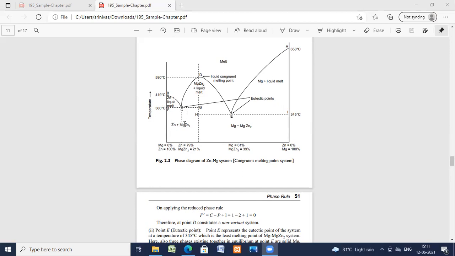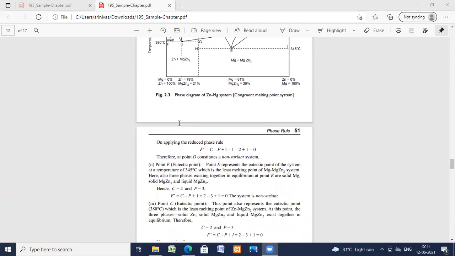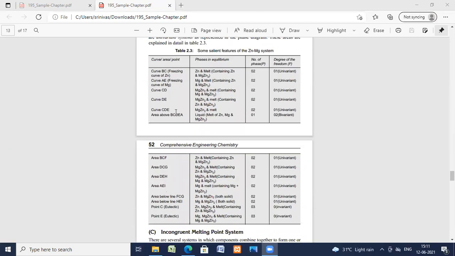FCG below you are having zinc plus MgZn2. 2 phases, 2 chemical compositions. Therefore, F is equal to C minus P plus 1. F is equal to 2 minus 2 plus 1, univariate.